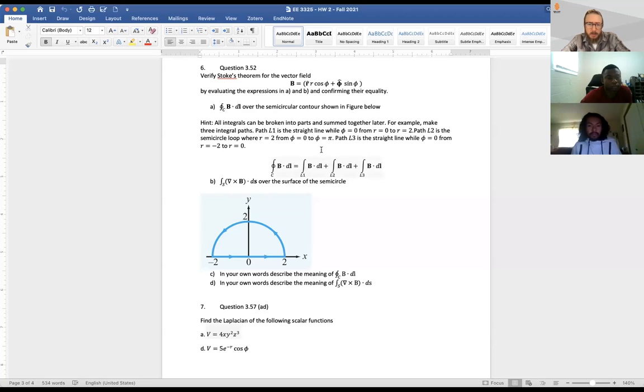So when you make this integral to find DL, you can find DL for this loop, this segment, and this segment. And you can find those off the cookbook. And then also you can find the DS off of the cookbook by thinking about when you're on this surface, what's changing and what's not.